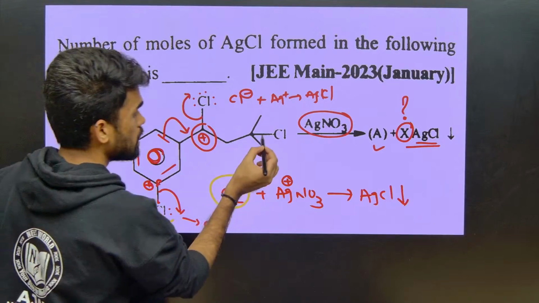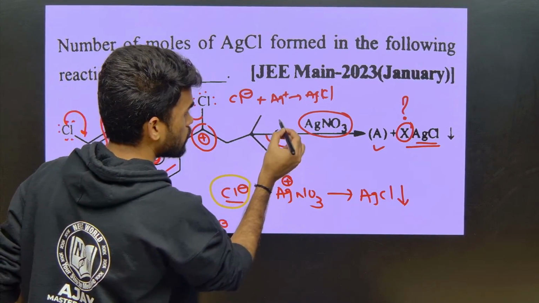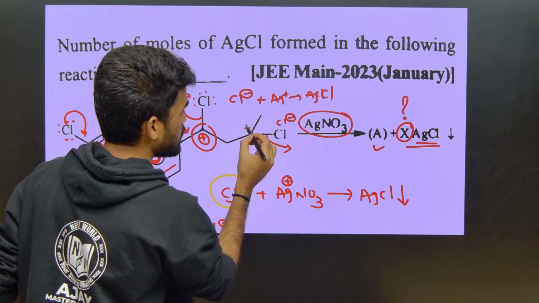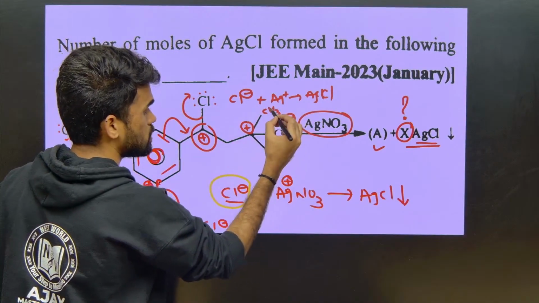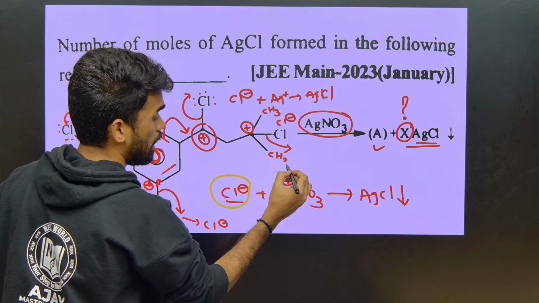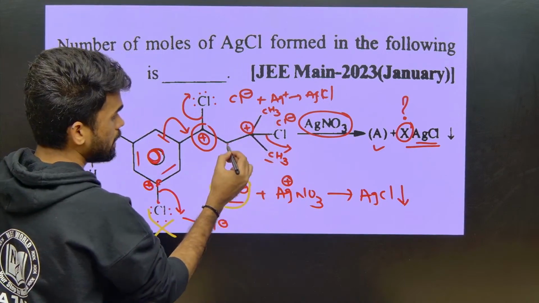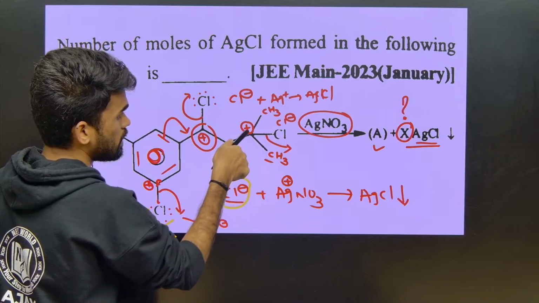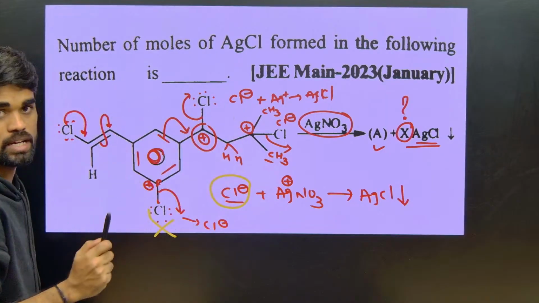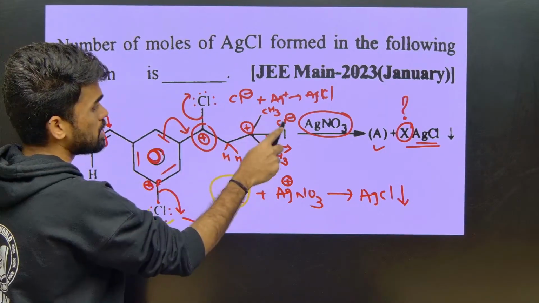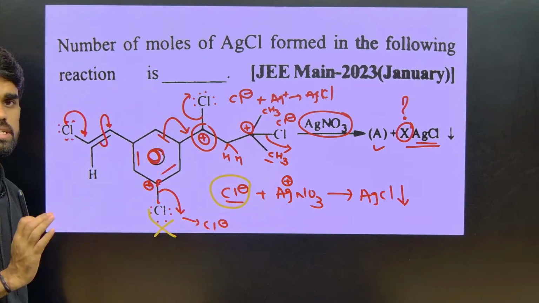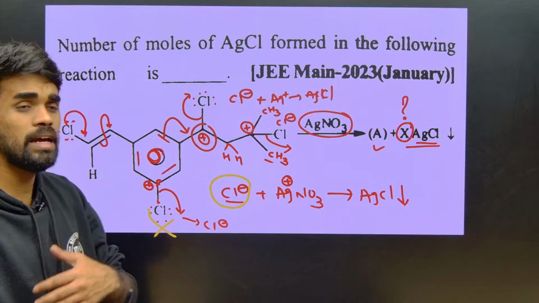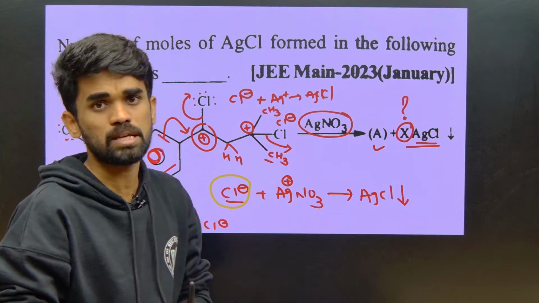Now look into this. If I remove this chloride ion, we will get a tertiary carbocation. It can be stabilized by the alpha methyl hydrogens. Here we have 3 methyl hydrogens on this methyl group, and here we have 2 alpha hydrogens with respect to this tertiary carbocation. So it will be stabilized by 3, 3, 6, 7, 8 alpha hydrogens; 8 hyperconjugative structures are possible for this.